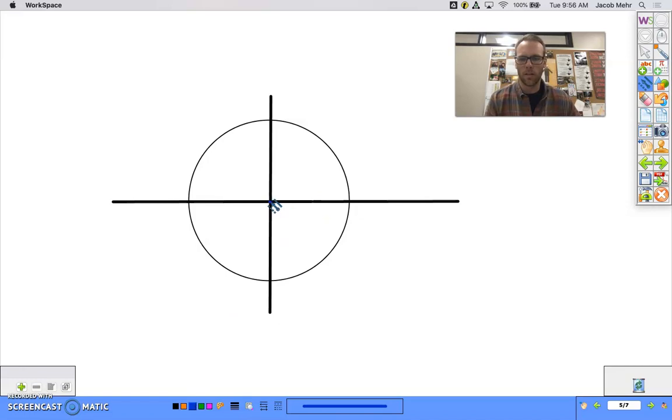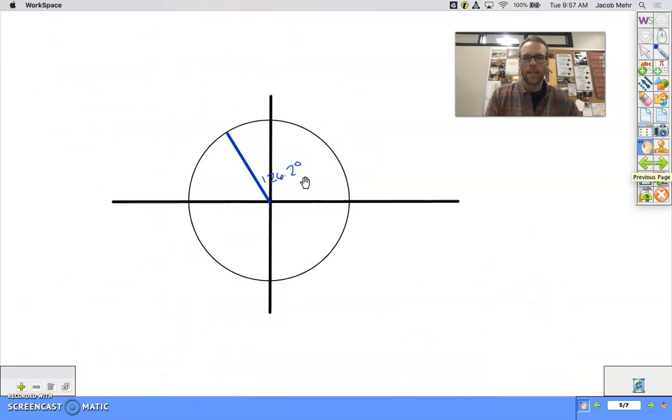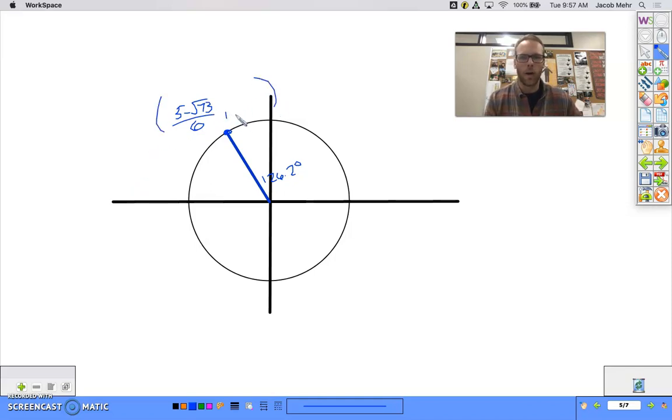That's going to be somewhere in the second quadrant, maybe around here. 126.2, that was the angle, right? Yep. So at this spot, our cosine is equal to 5 minus root 73 over 6. And remember, cosine is the x value. We don't really care what this y value is. What other angle will give the same value for the cosine?